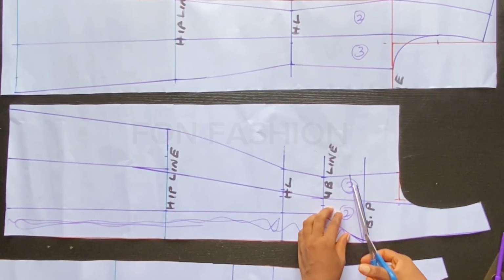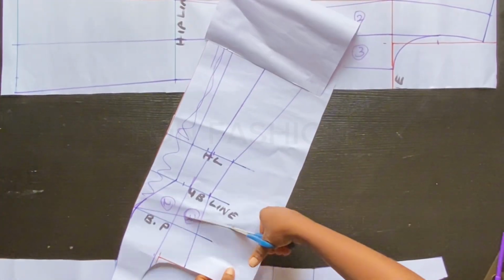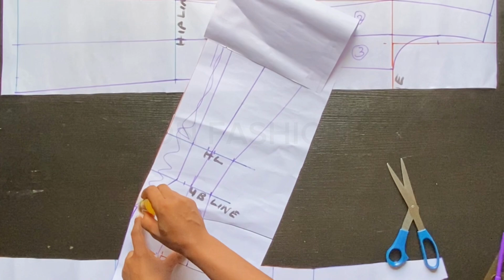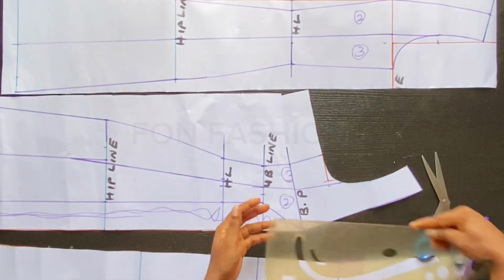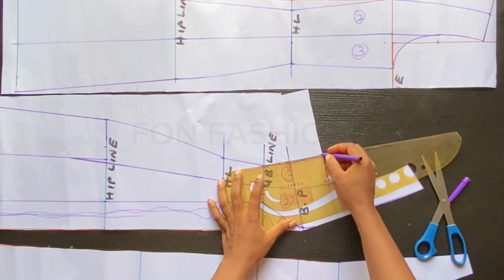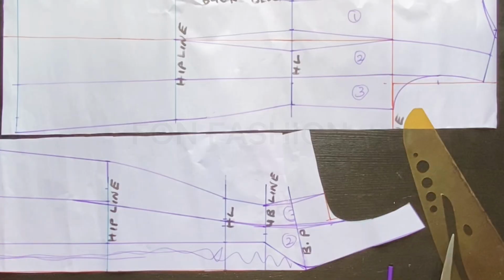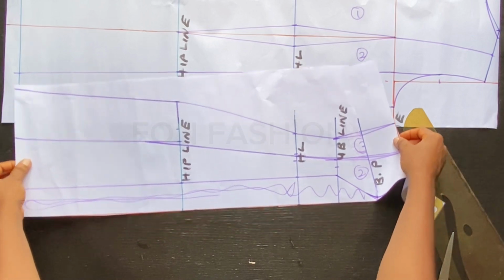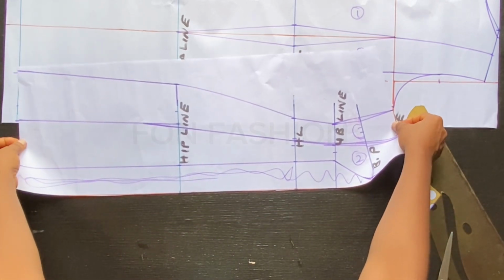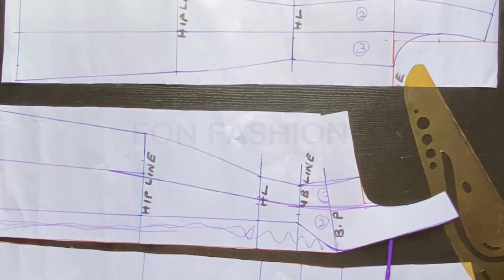I want to close up the side dart. I'm going to be redrawing my lines. You'll notice that as I have closed up this dart, the back length and the front length will now be equal. Okay, I'll cut.